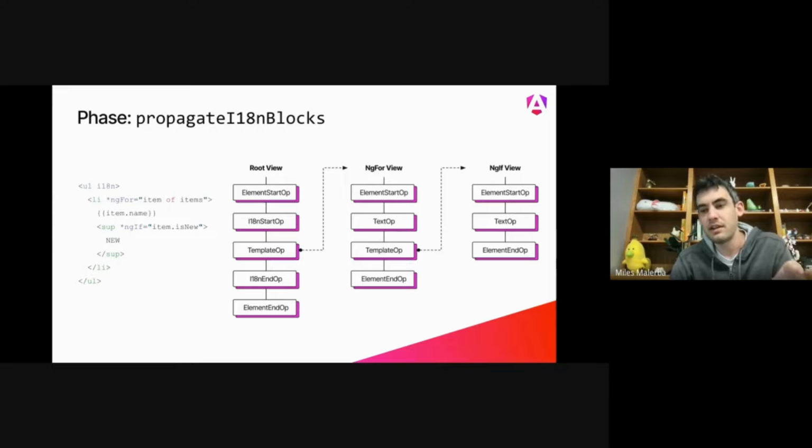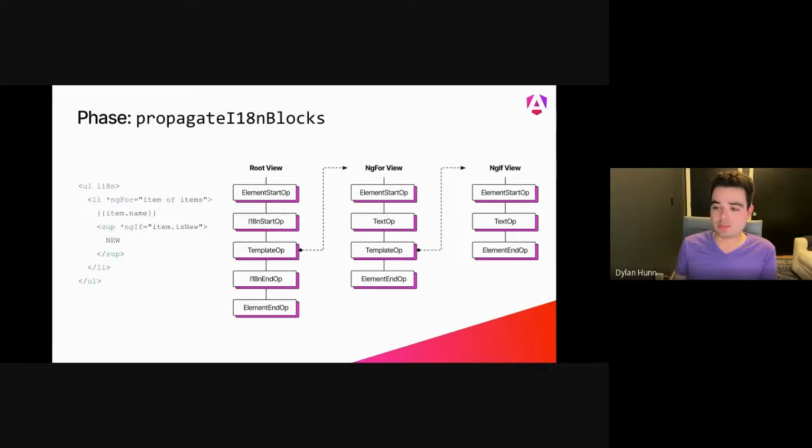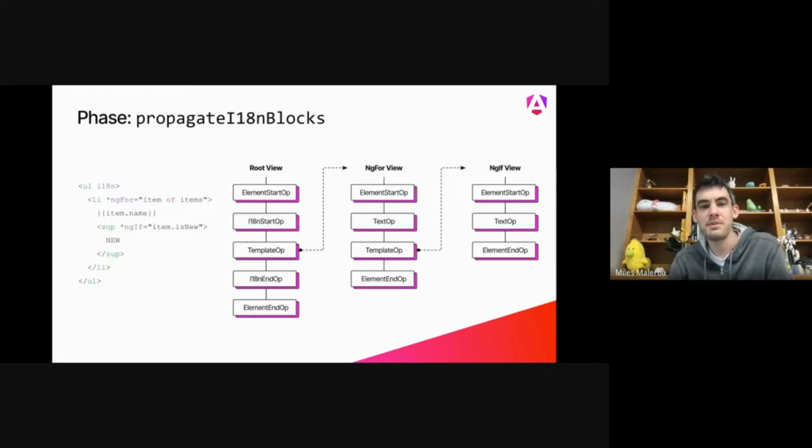Again, it's this linked list of ops. This is only capturing the create part, not the update part, as Dylan explained. Each one of these boxes represents an IR op. As you can see for the root view, like the ul here, we've got an op saying that we're starting our element, then an I18N start op, which indicates that we're starting a block of internationalized content.